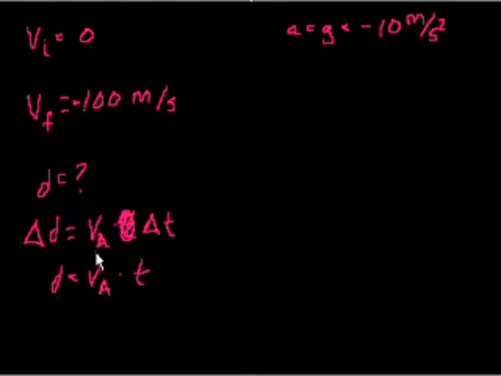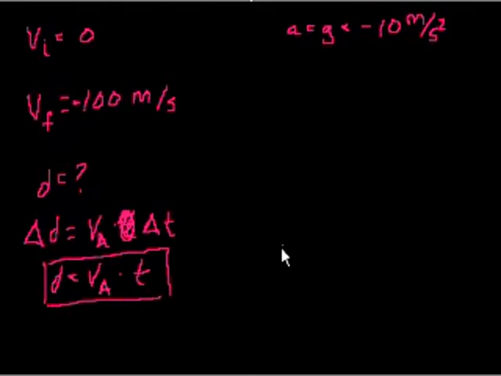Maybe later on we'll do situations where we're not starting at time 0 or distance 0, and in that case we will have to be a little more formal and say change in distance is equal to average velocity times the change in time. Sorry, I'm messing up all the terminology. But anyway, this is the formula we know.